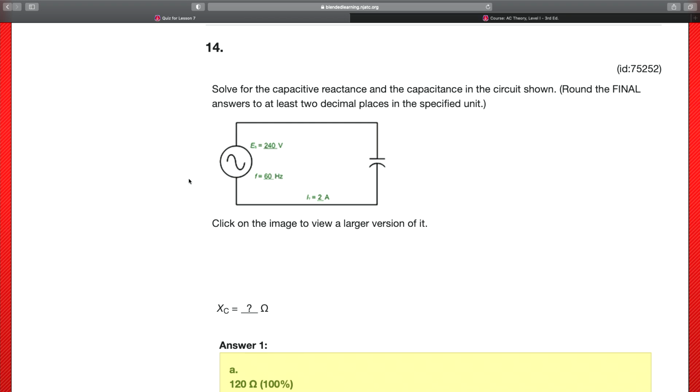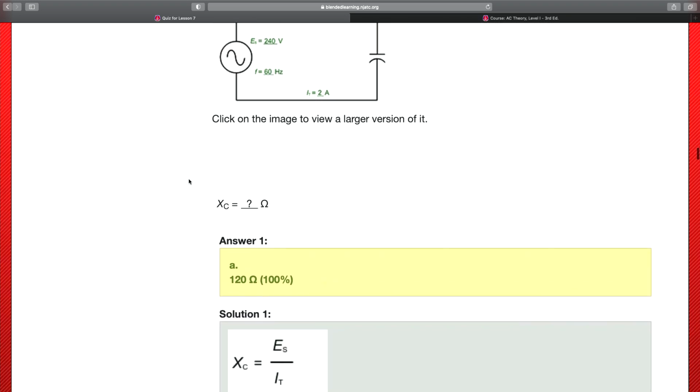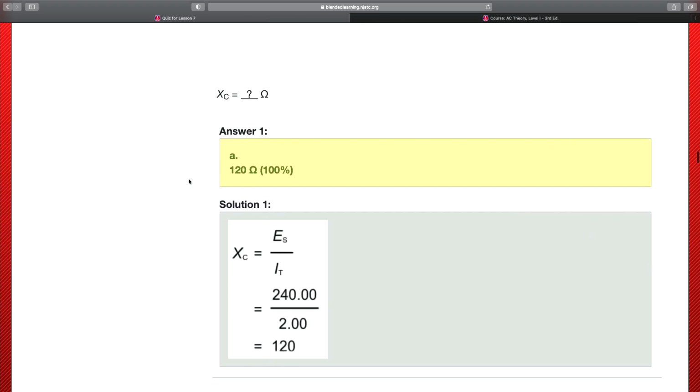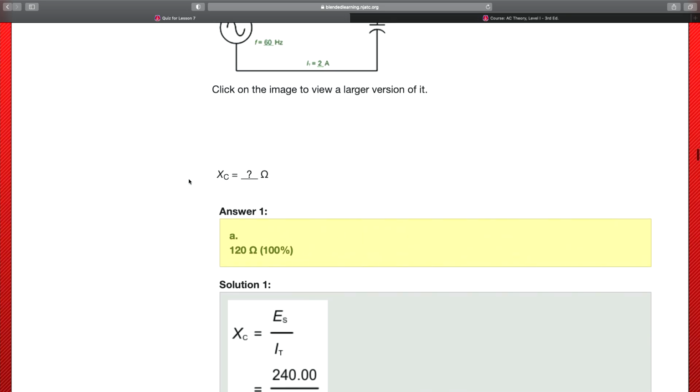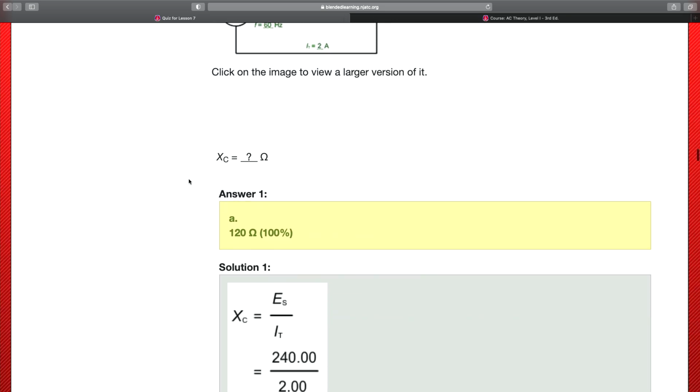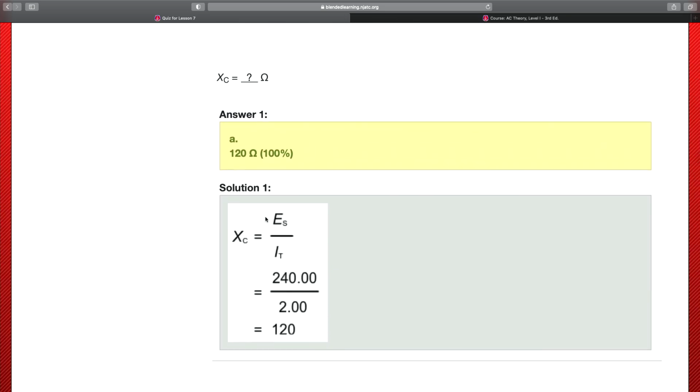So the first step, just like we learned previous, once you have capacitive reactance, you can substitute it into Ohm's law.